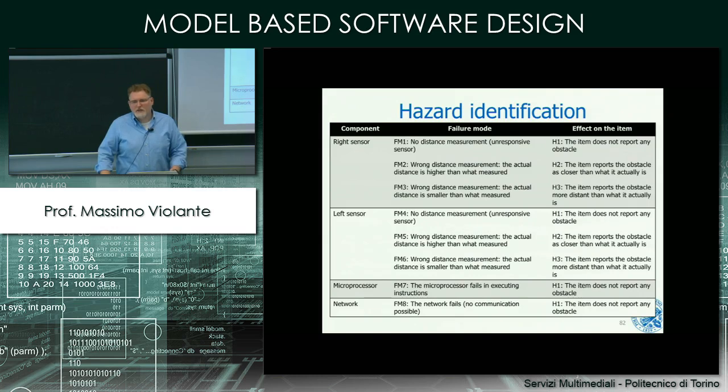We say it is 10 meters, instead it is 15. So the item, based on the measurement, warns us the object is closer than what it actually is. The last case is the opposite. The item reports the obstacle more distant than what it actually is. Okay?